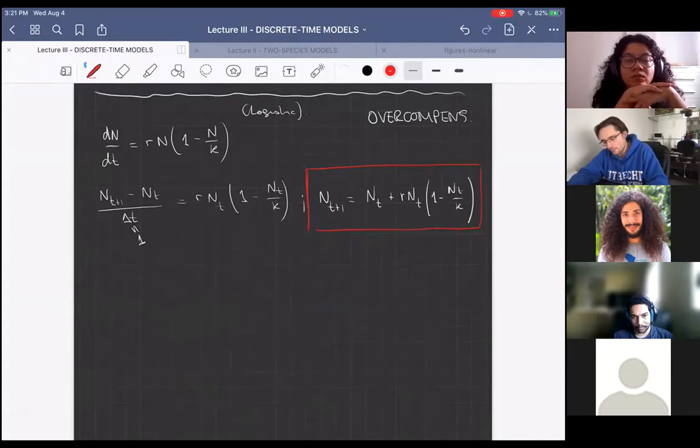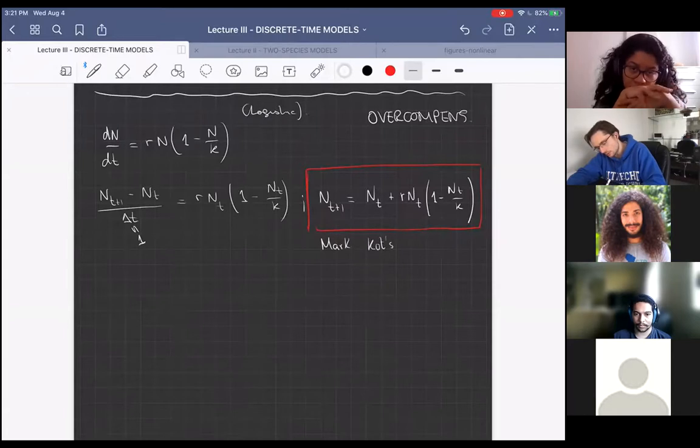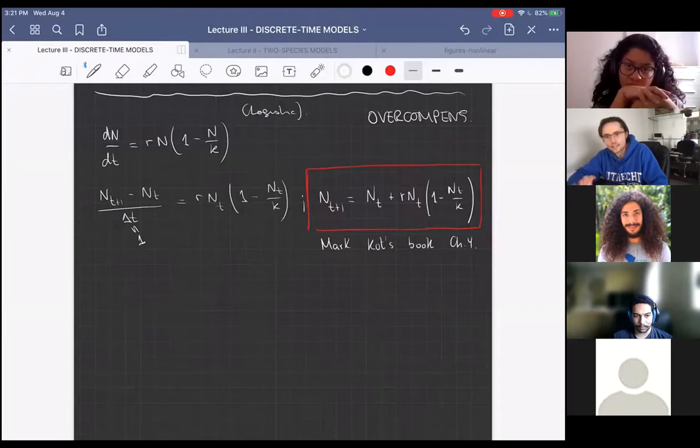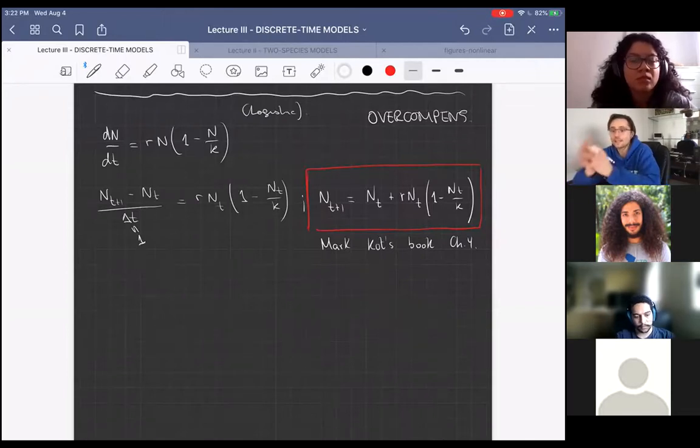In Mark Kot's book, or this is Jim Murray, in chapter 4, they studied this version with dimensions. What I'm going to discuss is the non-dimensional version of this model that has exactly the same behavior, but is shorter to write.